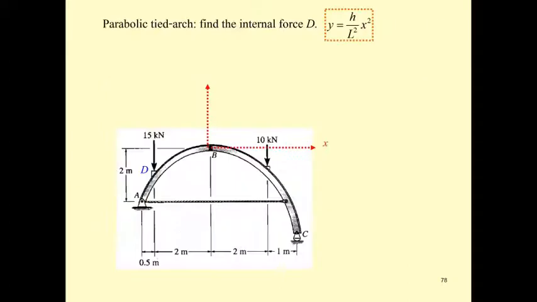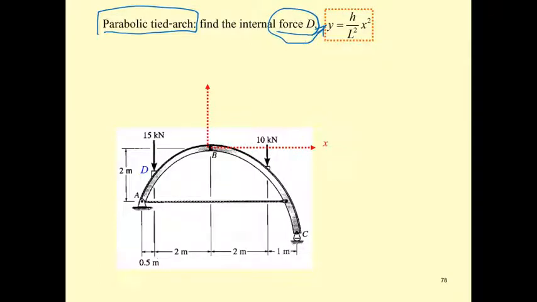Okay, now we have all of the reactions at A and C, and also the internal force SB and the tie rod. Let us consider this tie arch is a parabolic arch and follows the arch equation of this.